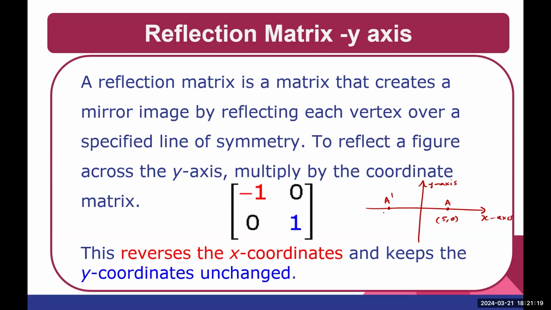What would the coordinates of A prime be if we're reflecting through the y-axis? -5, 0. So what do we notice about these coordinates? Oh, the sign changes. Yes, sir.